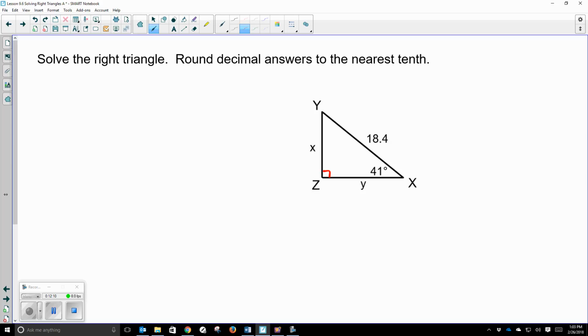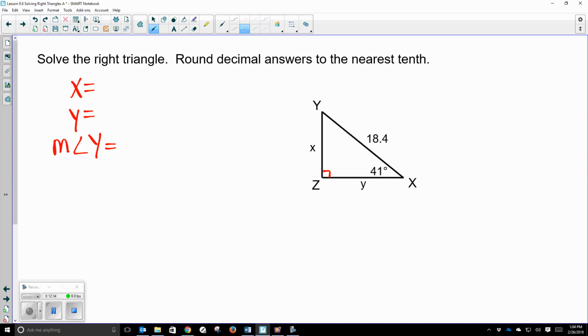But before we do that, let's just focus on the angle and the side that we have to find x. That's an uppercase Y, this is lowercase.